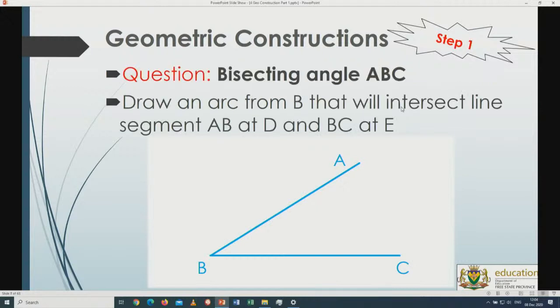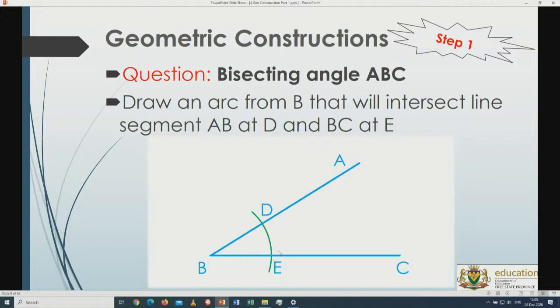First of all, you open up your compass to a comfortable size. You place the needle point at B and strike an arc that includes BA and BC, towards D and E. Once you've got those points, you can either keep your compass the same size or extend it a little bit longer.